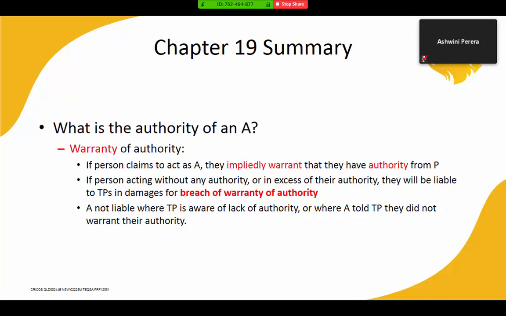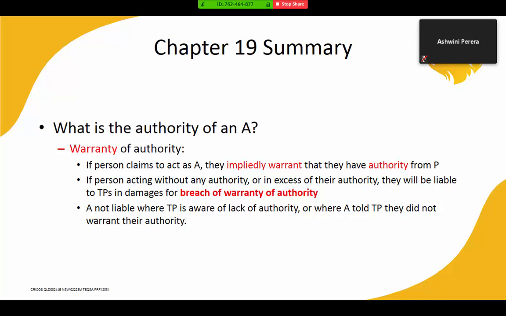For example, you are a manager. Okay? You want to lease maybe a new office space. So you go and negotiate with someone who can actually give you that office space. By doing so, what you are telling this third party is that I am an agent of this company, I'm a manager, and I have the authority to enter into a contract or a lease with you for this office space.